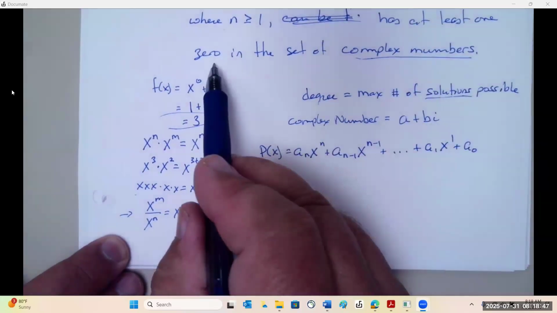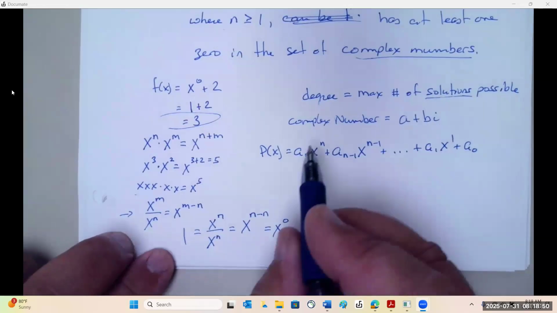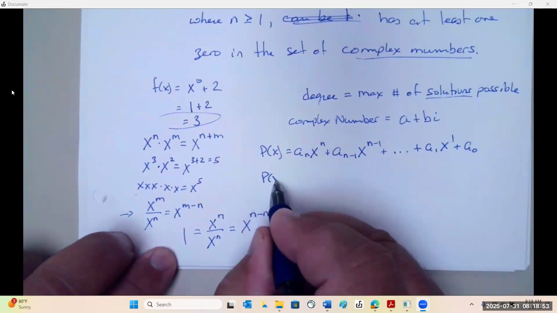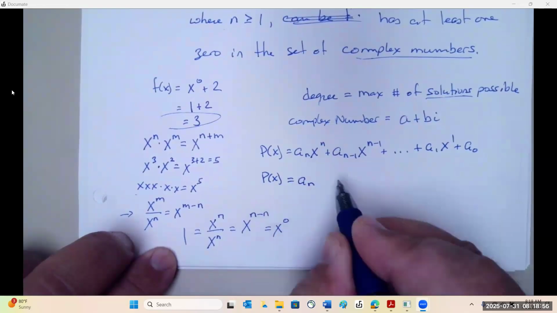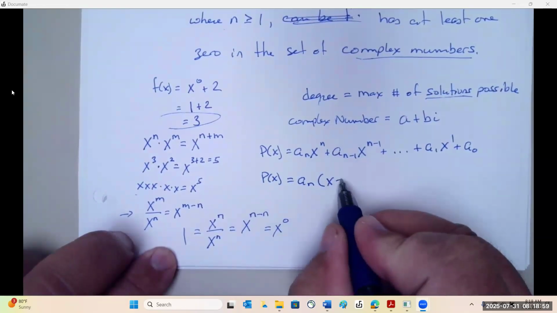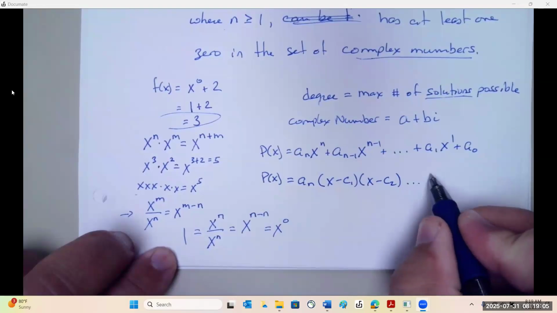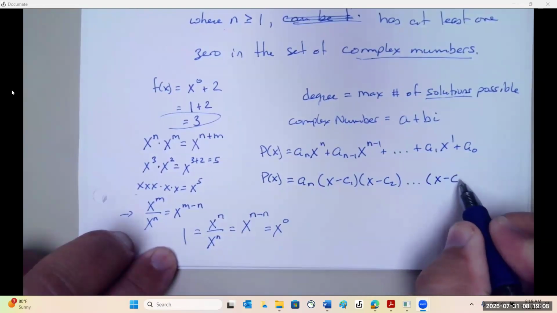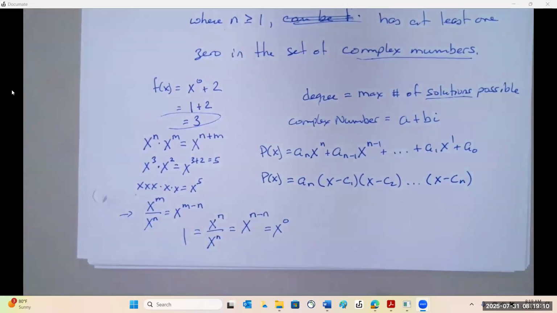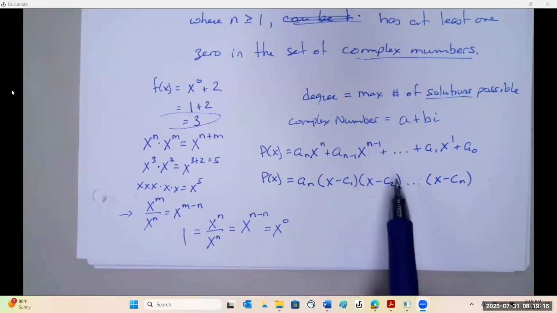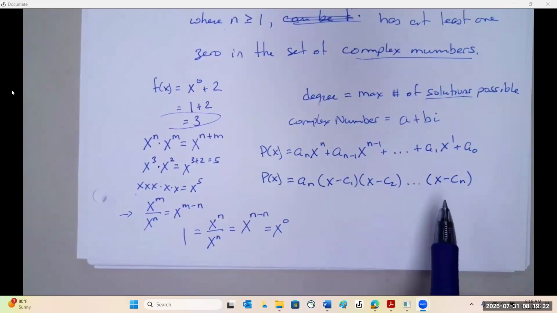It has at least one zero in the set of complex numbers, which means I can now take this and factor it down into linear factors. Each one of these is complex in form. In other words, they could be real numbers, imaginary numbers, or a combination of real and imaginary numbers. So that's what this is saying.